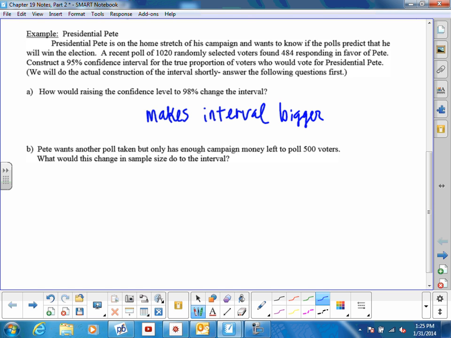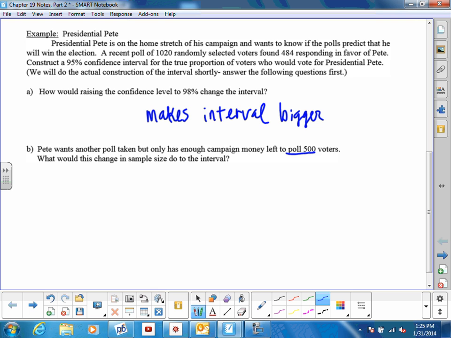All right, Pete wants another poll, but you know what? We're at the end of the road, and we're running low on campaign funds. So the campaign money is getting limited, and we're only able to poll 500 voters. So all else being the same, how does this change the sample size? What's it going to do to the interval?